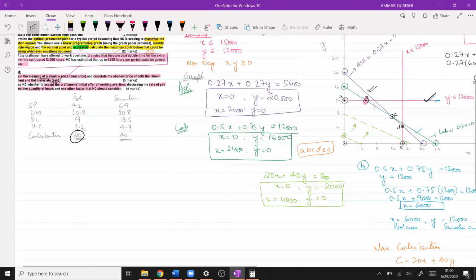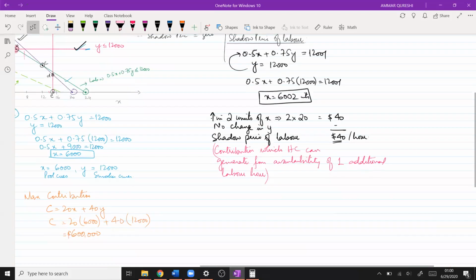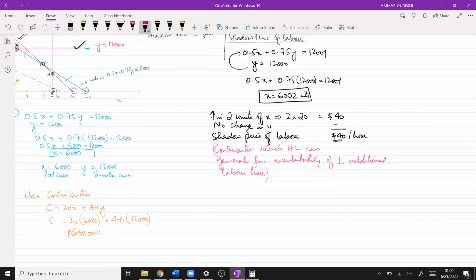So let's try to figure out what is the shadow price of labor. Shadow price of labor is $40. That means if they get 1 extra hour, they can generate additional contribution of $40.